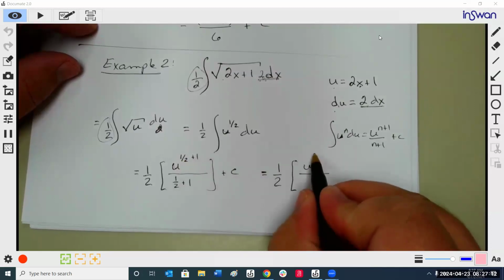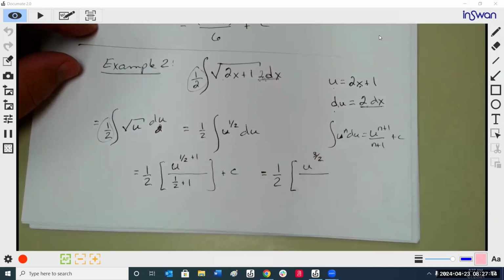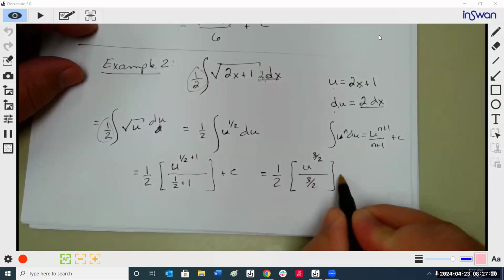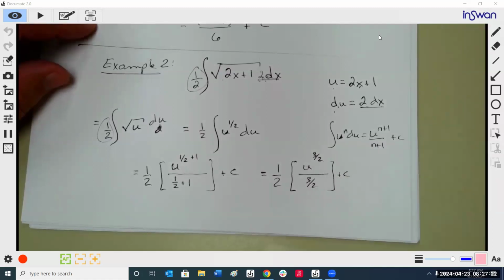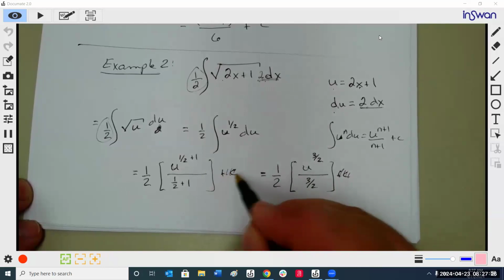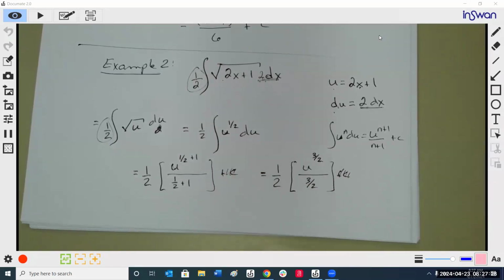One half plus 1 is 3/2, divided by 3 over 2. Actually, you really don't have to put the plus c in there until the very end, if it's easier for you, because it's a lot of extra writing.